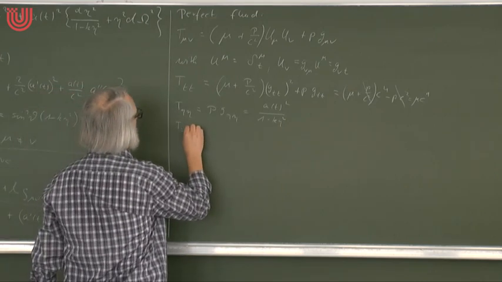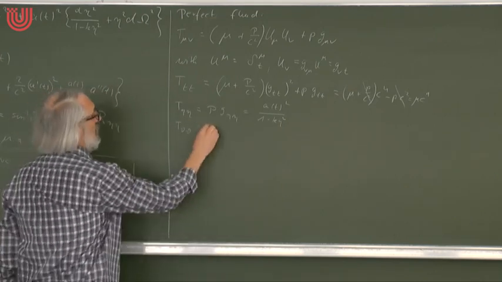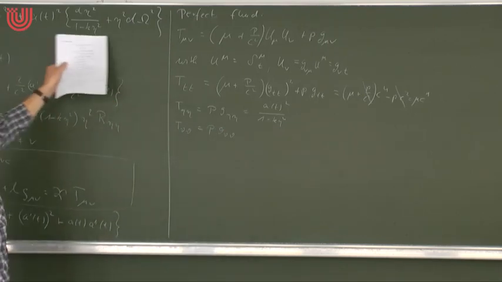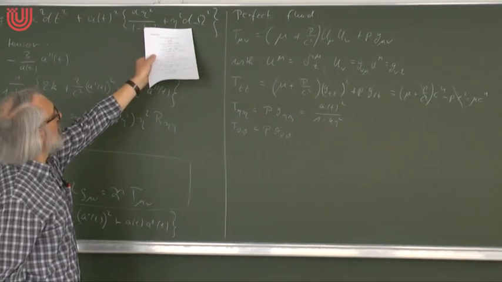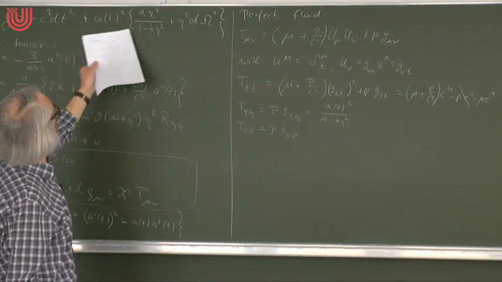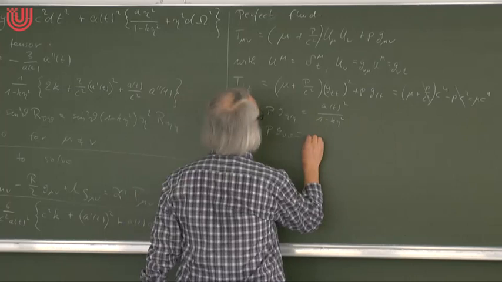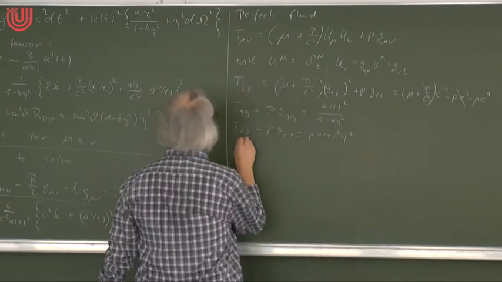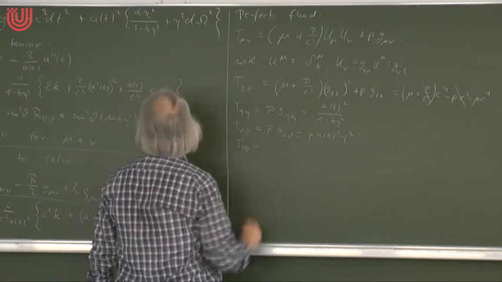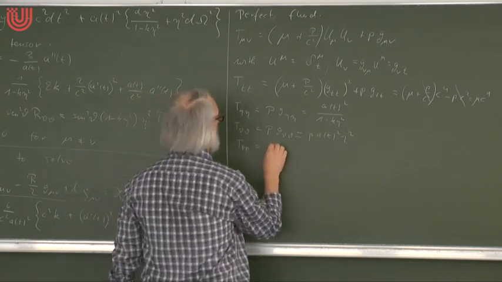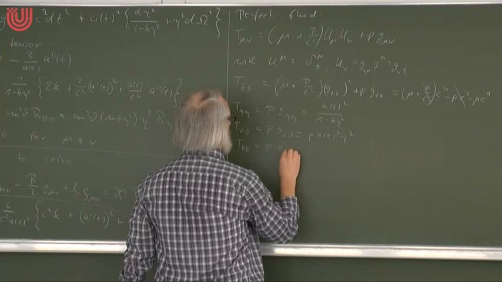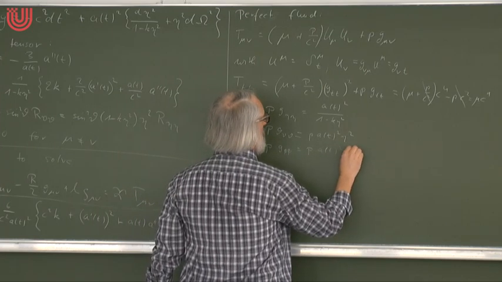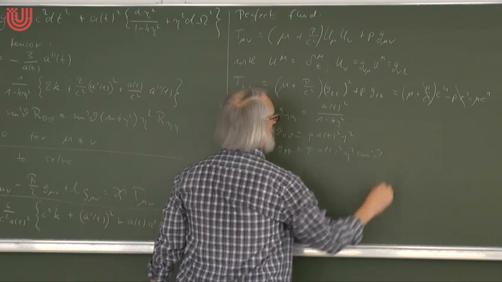And then we have the analogous expressions for the other elements. So T theta theta contains a d theta squared, so I have p a of t squared eta squared, and T phi phi is the same thing with the sine squared of theta: p a of t squared eta squared sine squared theta.